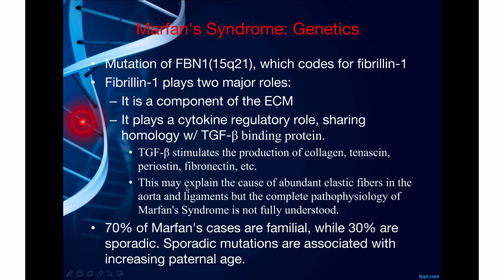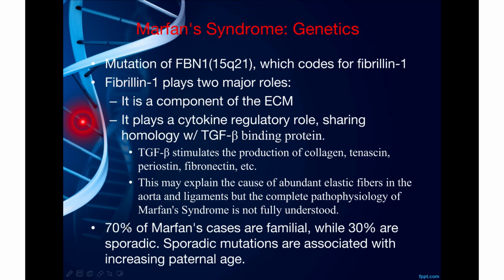So the connective tissue is going to be abnormal in this case. This explains the abundant elastic fibers in the aorta and ligaments, but the complete pathophysiology of Marfan syndrome is still not fully understood.